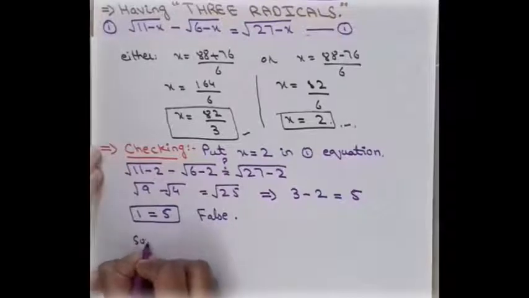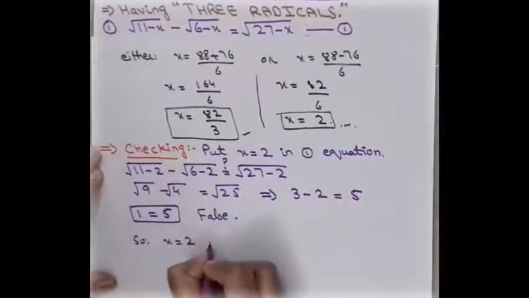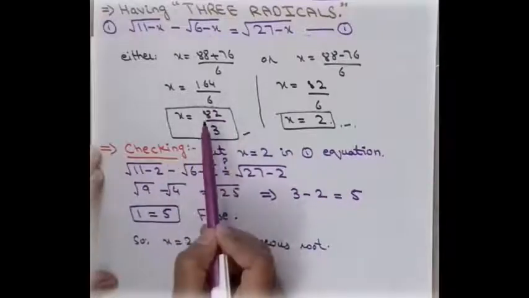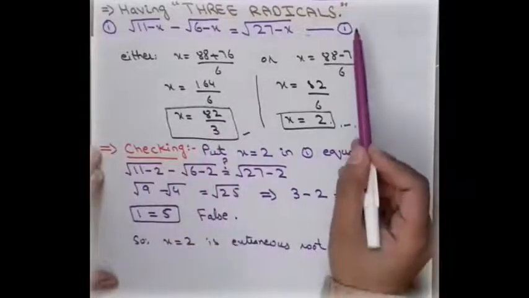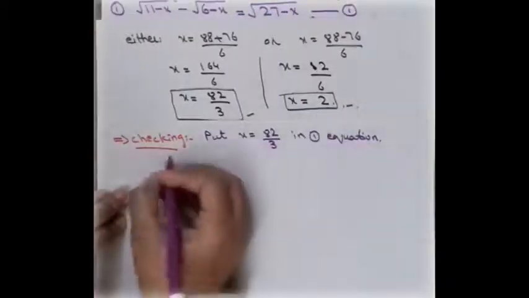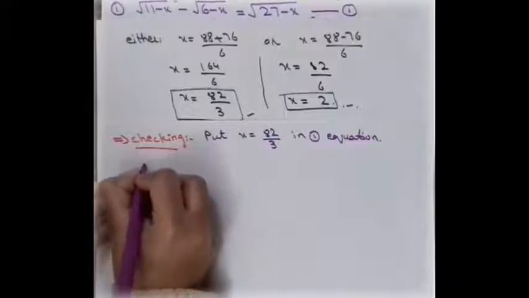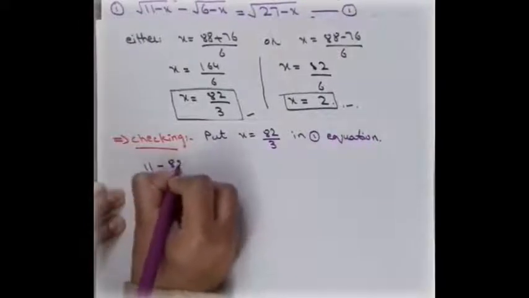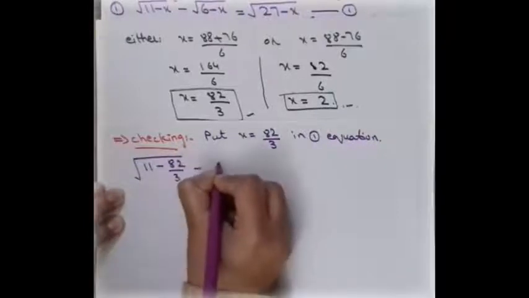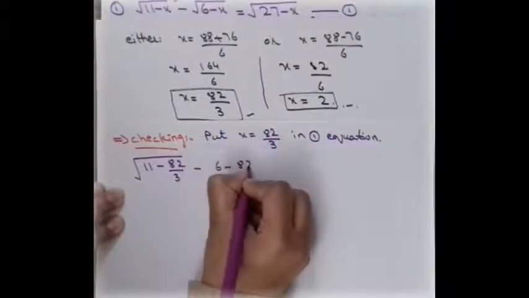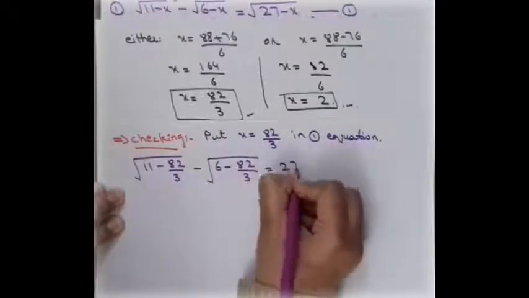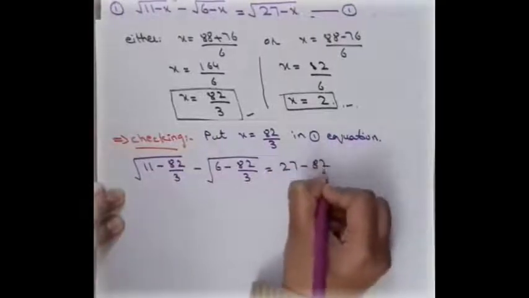So x equals 2 is not a solution. Now check the other value of x by putting it in the first equation to see whether the equality holds or not. So put this value in the first equation, with the square root of 11 minus 82 over 3, minus the square root of 6 minus 82 over 3, which equals the square root of 27 minus 82 over 3.